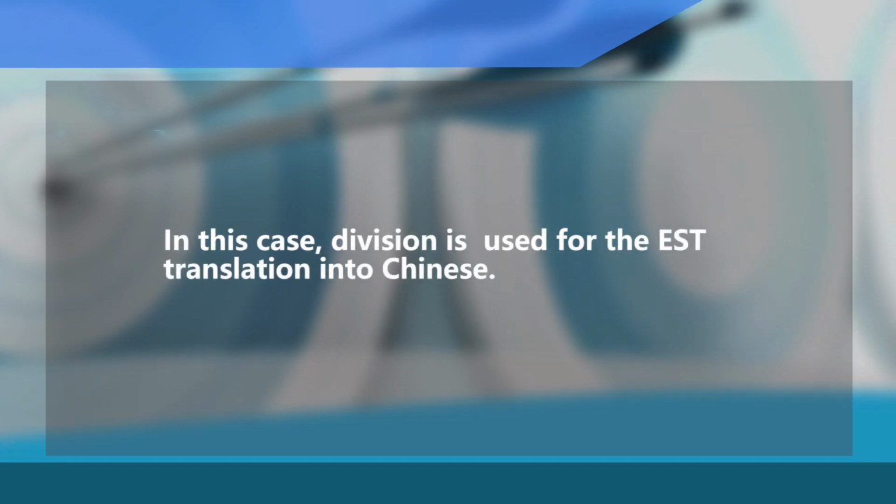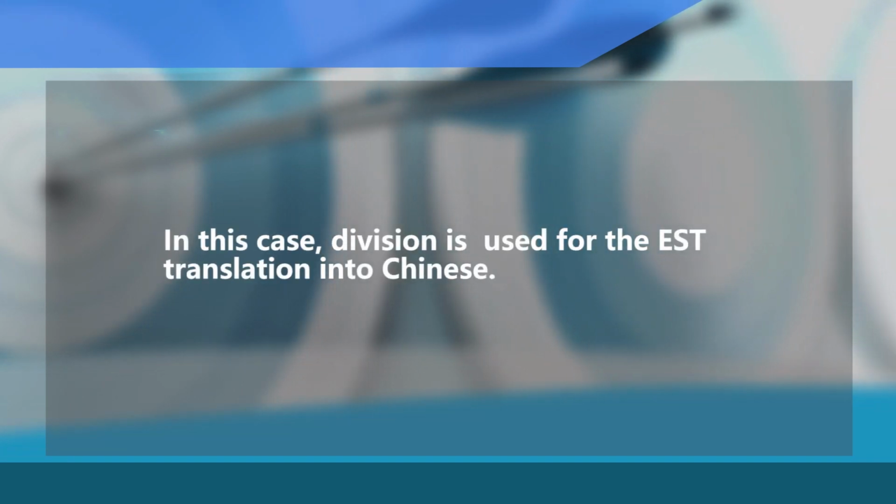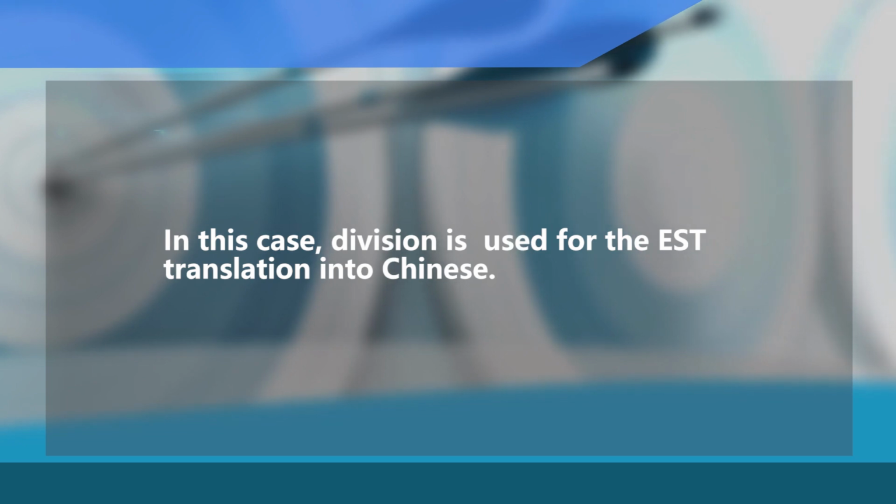In this case, division is used for the EST translation into Chinese. Example 5 and 6 are given to indicate the application of division. Look at example 5 and example 6.